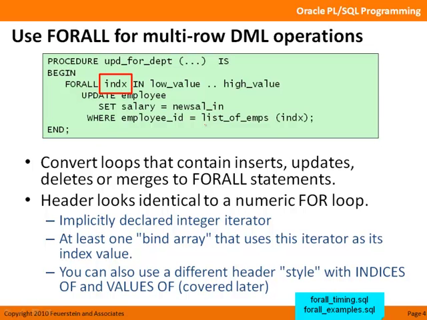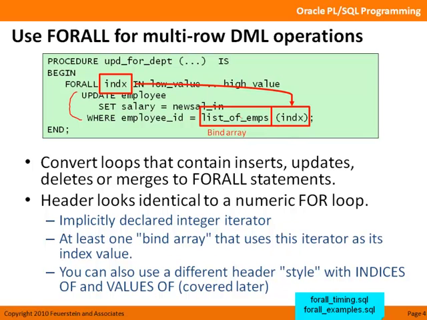As with a numeric FOR loop, with a FORALL statement you have an implicitly declared iterator, an integer, the index value. You can name it whatever you want. You don't have to declare it. Oracle does it for you. You then have a range of values, and we'll look at an alternative to this format later on in this section. But the standard approach is a numeric range of values from low value to high value. Somewhere inside your DML statement that's attached to the FORALL statement, you'll reference a bind array, a collection of values.